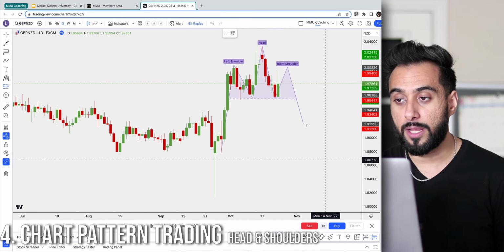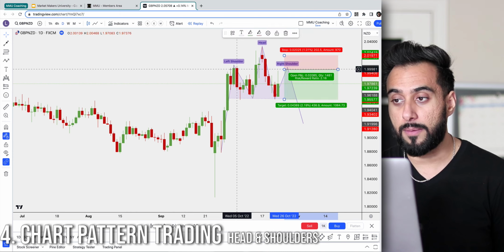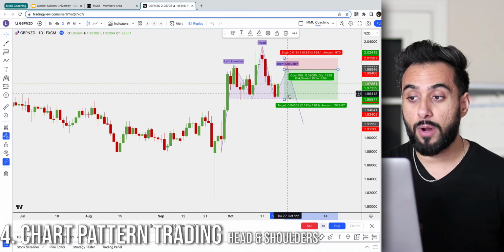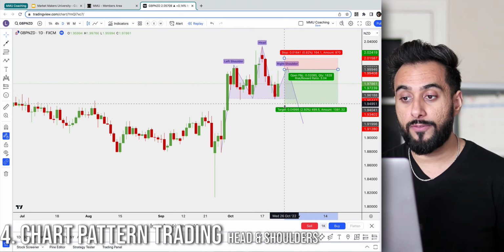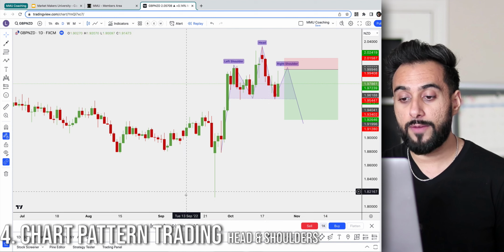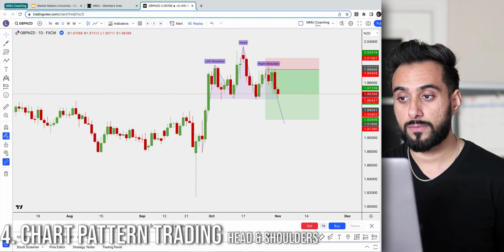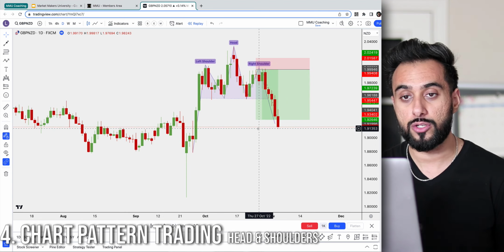So we can enter what's called a potential sell. We will definitely want to make sure our stop loss is above the left shoulder. We can have two take profits. Our first take profit can be the neckline, just like you see here. And the second take profit can be somewhere below. But once you have your trade set up, we will go ahead and continue. And that is the trade with a head and shoulders pattern.